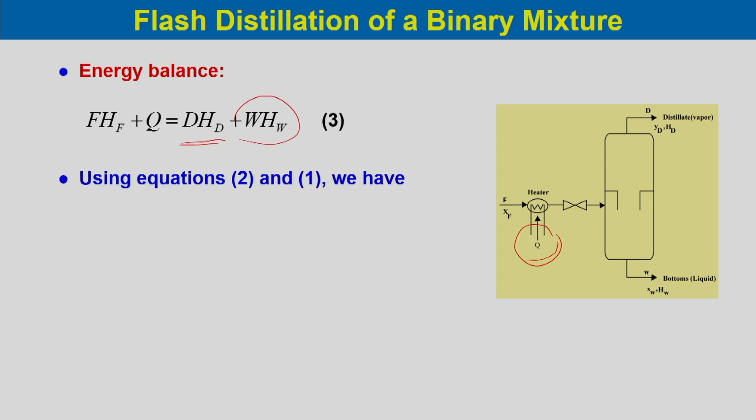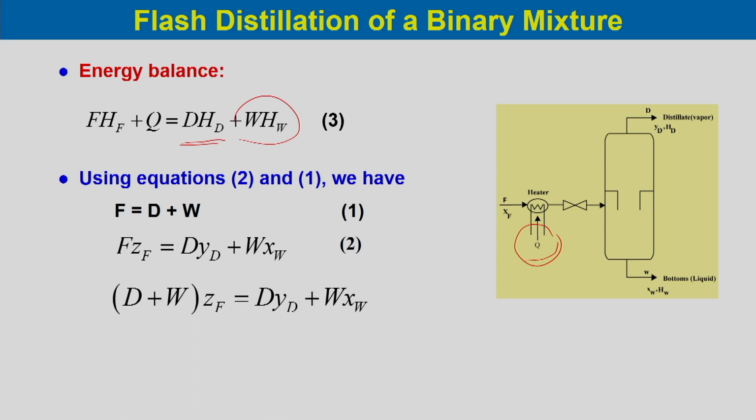Now, if we use equations 2 and 1, equation 1 is the total material balance, and equation 2 is the component balance, which is F ZF is equal to D YD plus W XW. Using these two equations, if we do the rearrangement, in place of F, if we substitute D plus W, we will have D plus W into ZF would be equal to D YD plus W XW.